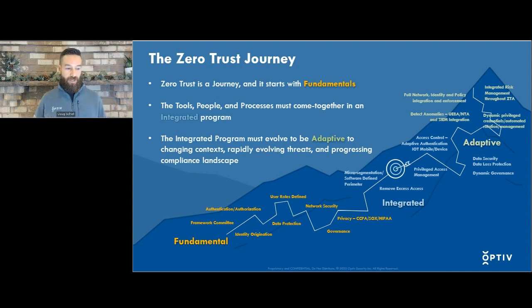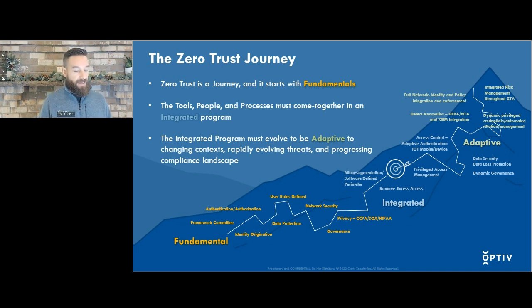That could be looking at your data and your data classification, looking at your enterprise business workflows, your compliance landscape, and your risk program, as well as the actual tools that you have in place today and the operational capabilities that you have in place today. From that, you're going to build a map to get you to the integrated state.